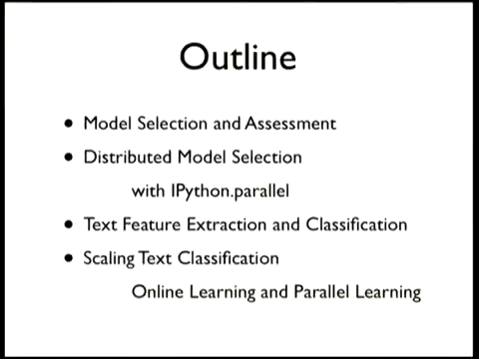So the outline of this tutorial will be the following. We will start with one of the most fundamental concepts of machine learning, at least one method that everybody should know about and apply on a day-to-day basis when dealing with machine learning issues, namely how to do proper model selection and assessment of the quality of the statistical models that we fit on the data.